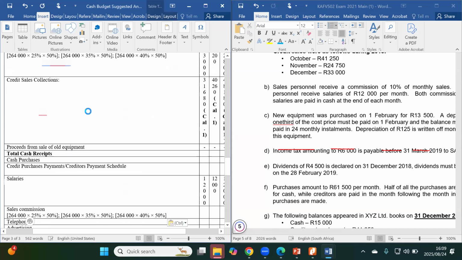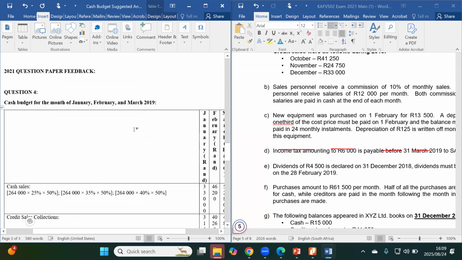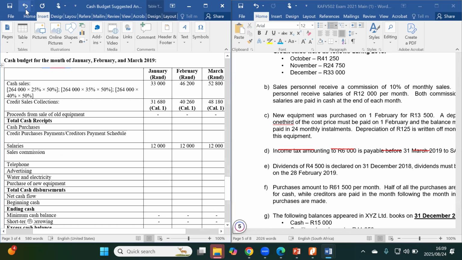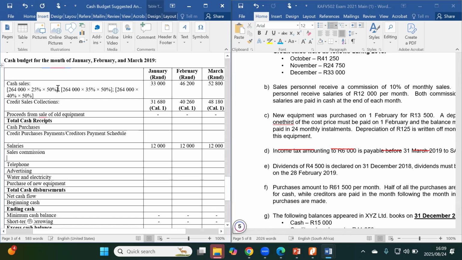Let me show it separately. I think it would be best to take it one by one, like this.